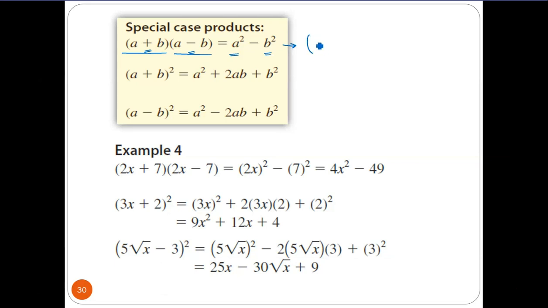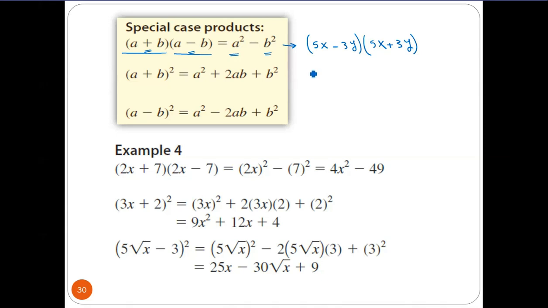If we have 5x minus 3y multiplied by 5x plus 3y. This is the same term, 5x, 5x, 3y, 3y, but one negative and another positive. Don't worry if the first is negative and the second positive, or addition, subtraction, addition, don't worry.